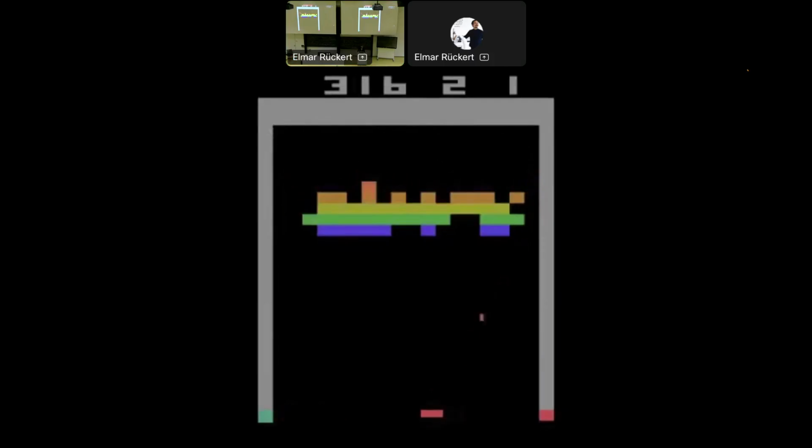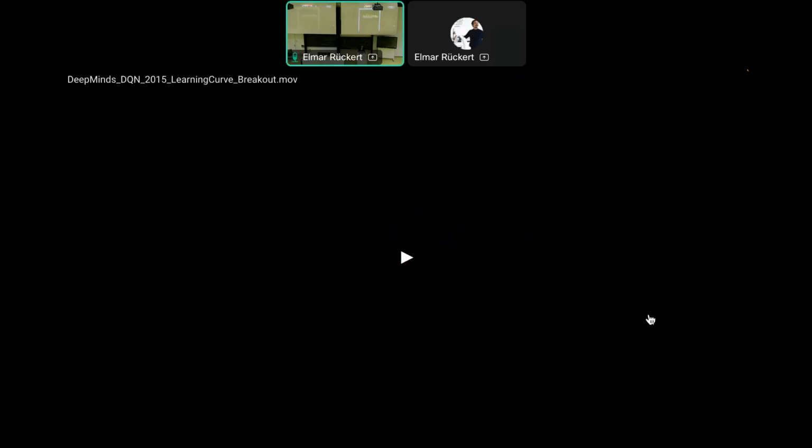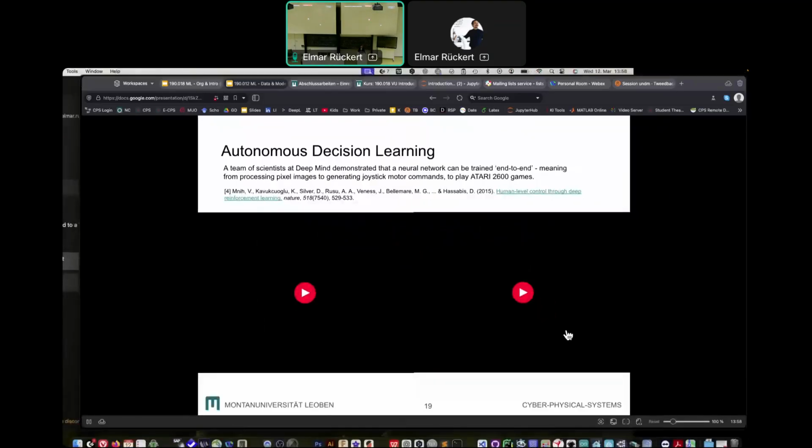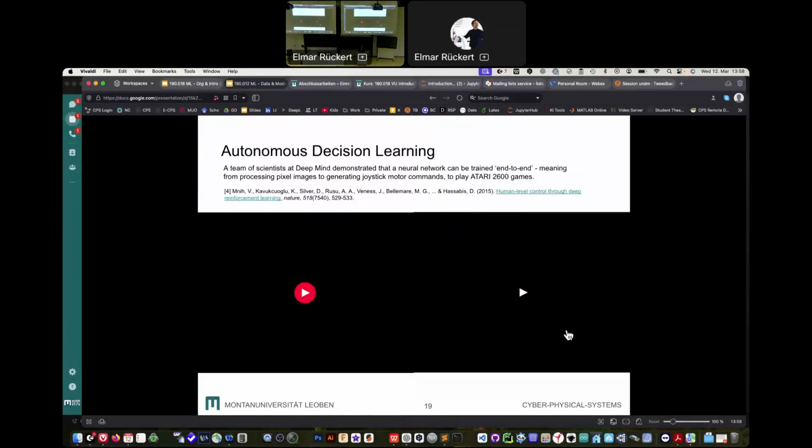Any idea what could be a proper state of a neural network in such a game? What do you think? We said this model converts pixel images into actions. And it needs some kind of state representation, yeah?